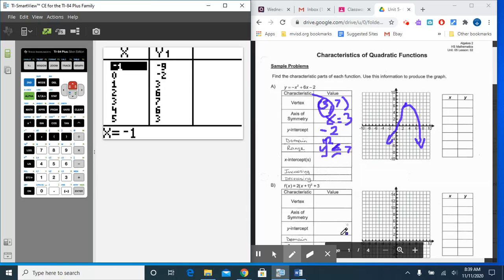So the increasing, the idea is, as you're working from negative infinity on the x-axis to positive infinity. So as you're going this way on the x-axis, we want to know what is the picture of the graph doing.